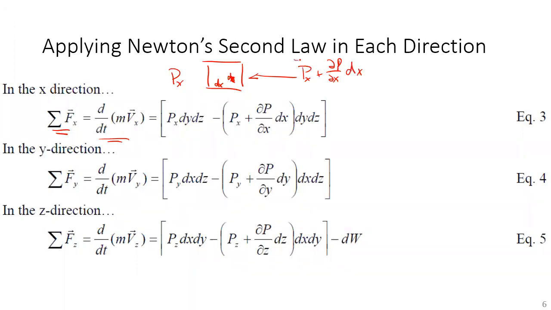And then it acts over the area, the end area of this cube, which is dy into the board times dz. This pressure also acts over dy dz. And so that's where these two terms come from.